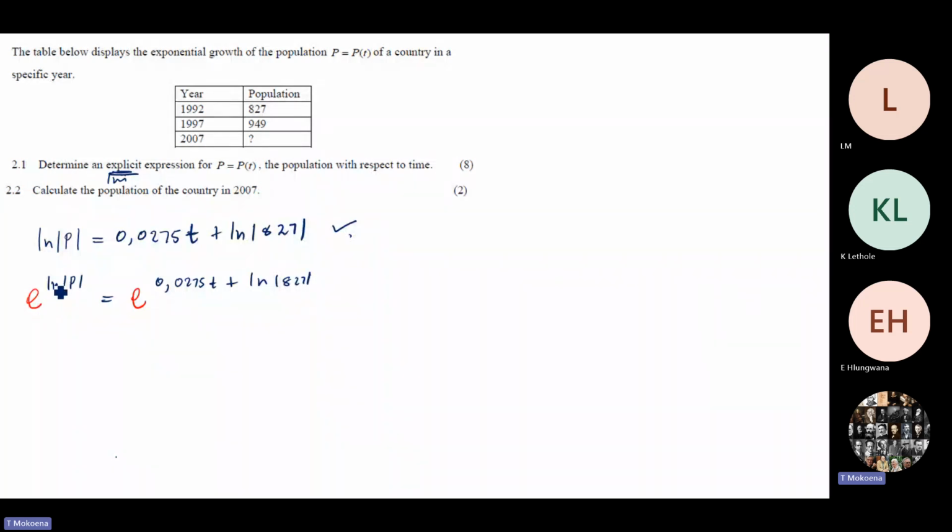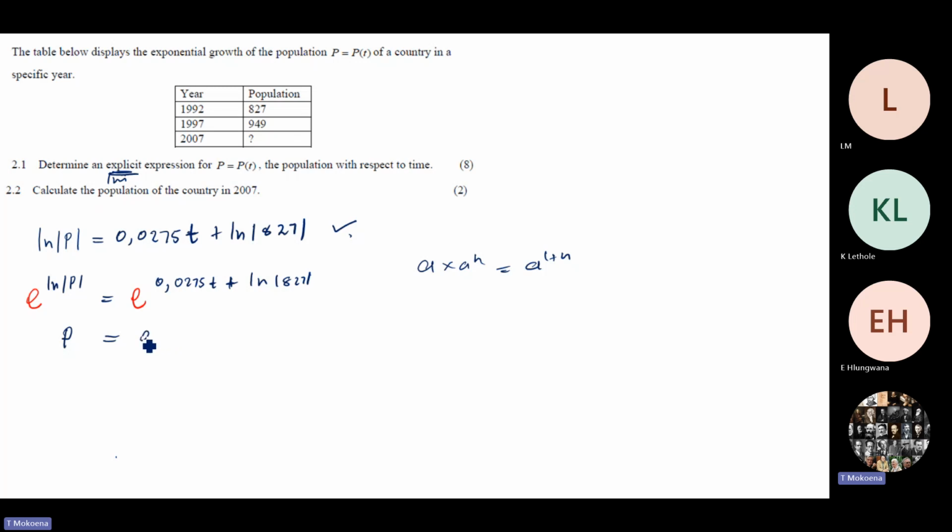So this side, e to the power of ln of P is going to give us P, if you still remember. And here, we are adding the exponents, laws of exponents, same bases. When you multiply the same bases, you add their exponents. So e is the base, so we have addition, we separate, that means we are multiplying.